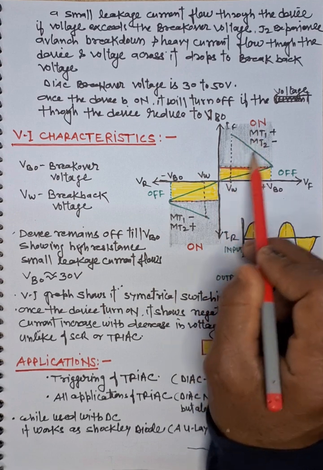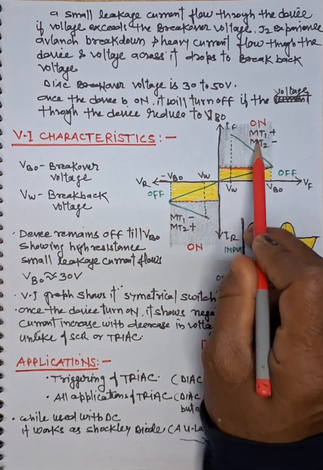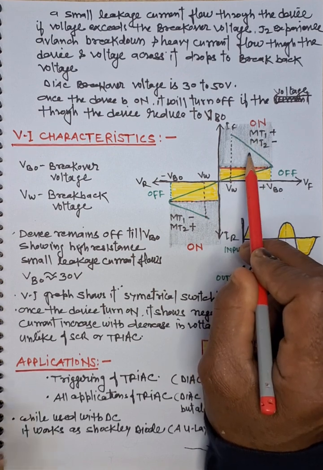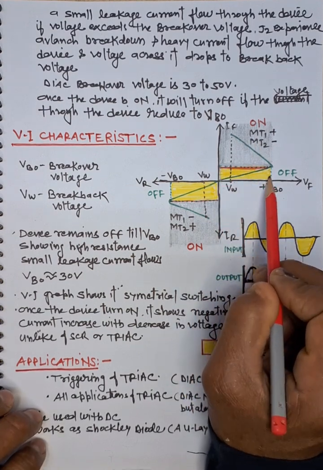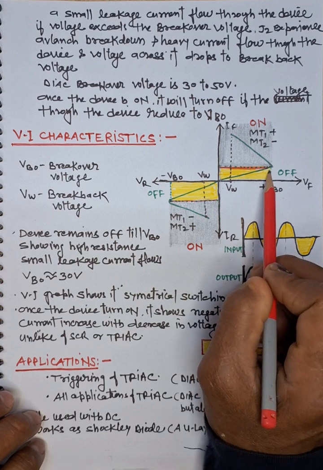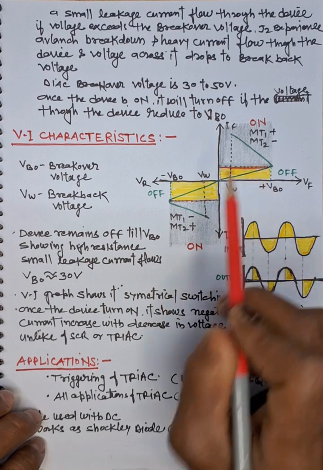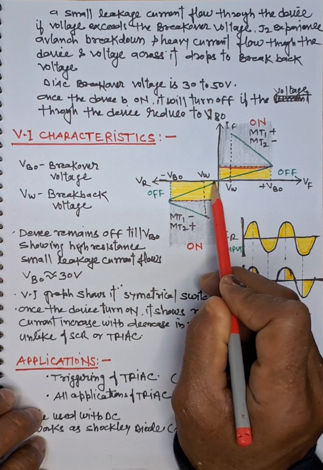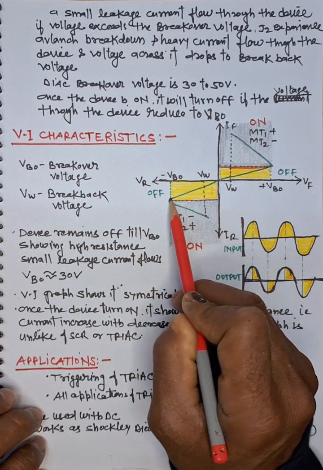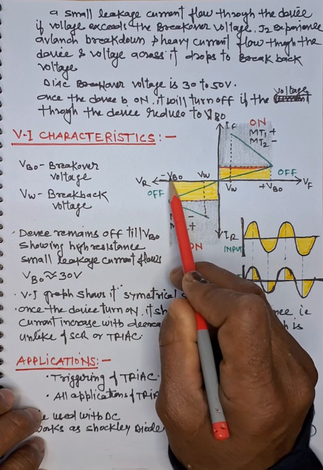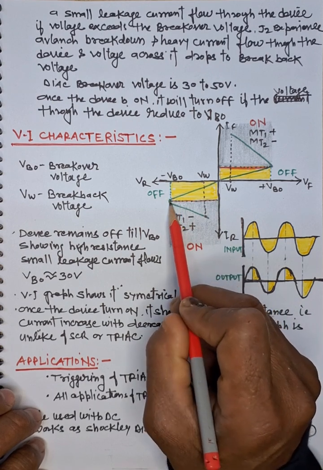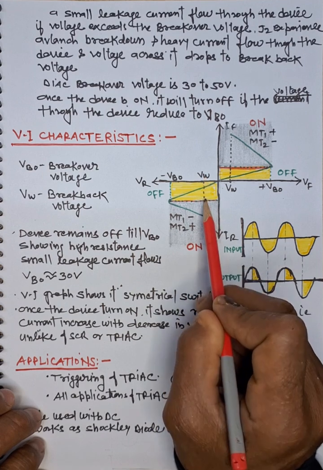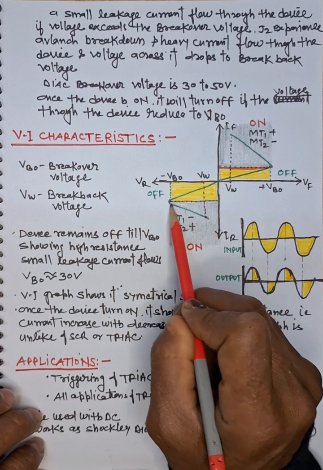So the gray colored portion is the turned on region of the DIAC in this polarity. However, this yellowish region is where the DIAC is in the off state. Now if we reverse the polarity, the same thing happens. There will be a small leakage current through the device, and at the breakover voltage the device turns on, the voltage across it reduces up to the breakback voltage and the current increases.